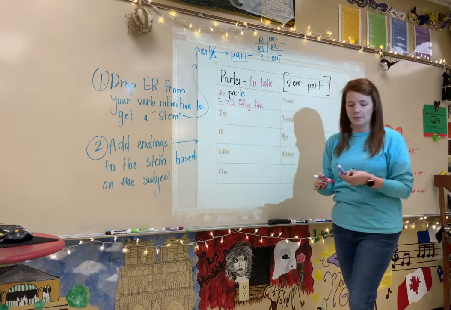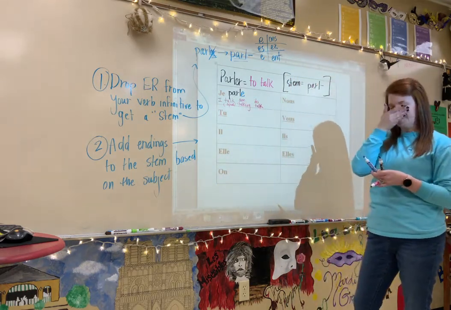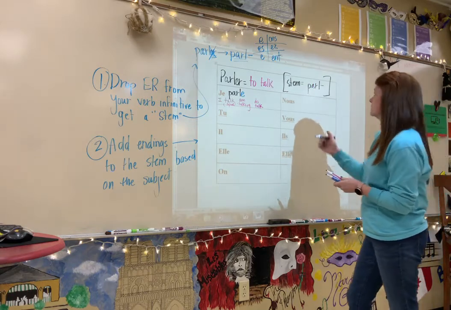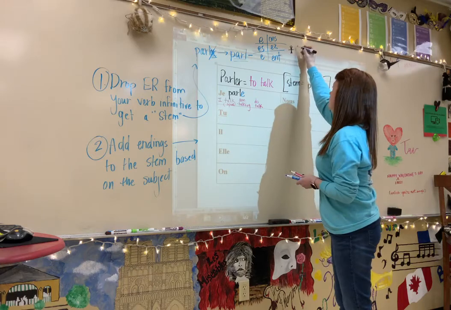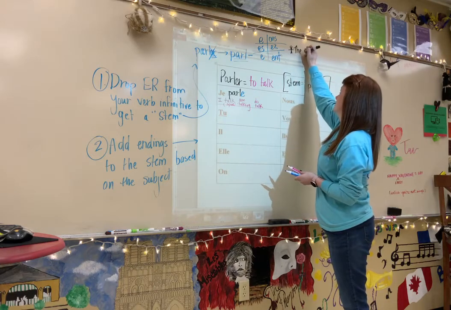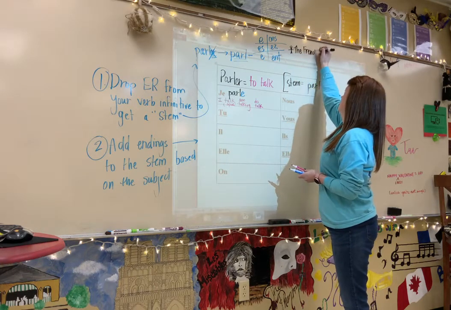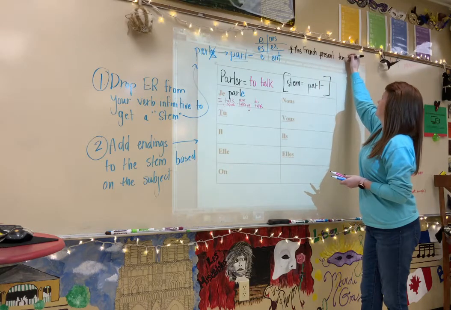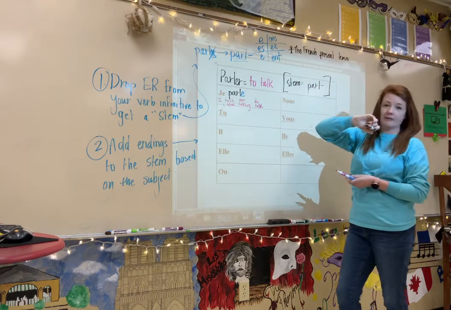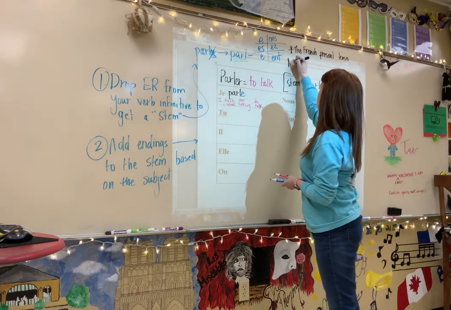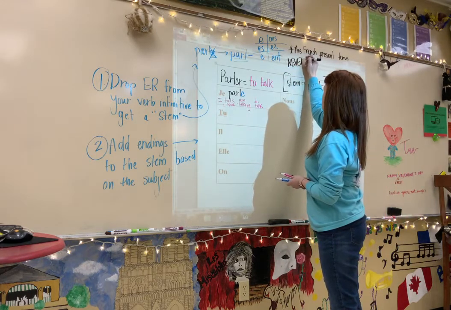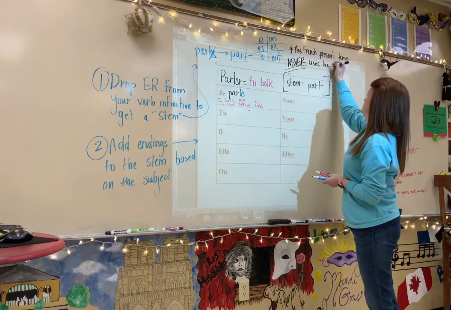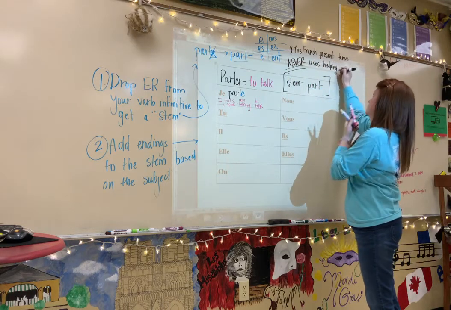Okay? So the note that you need to make somewhere on one of your charts, if you did not do that, is that the French present tense never, ever uses helping verbs.